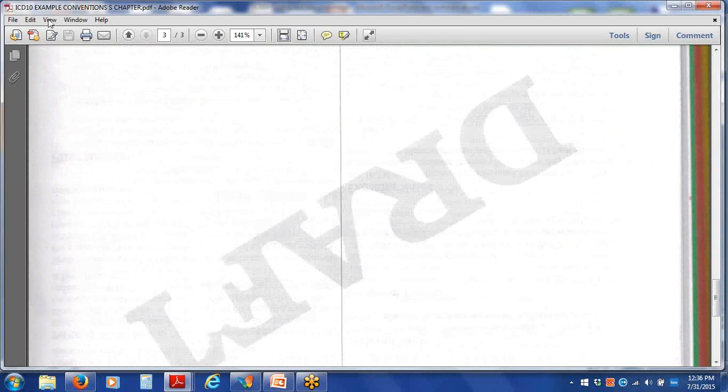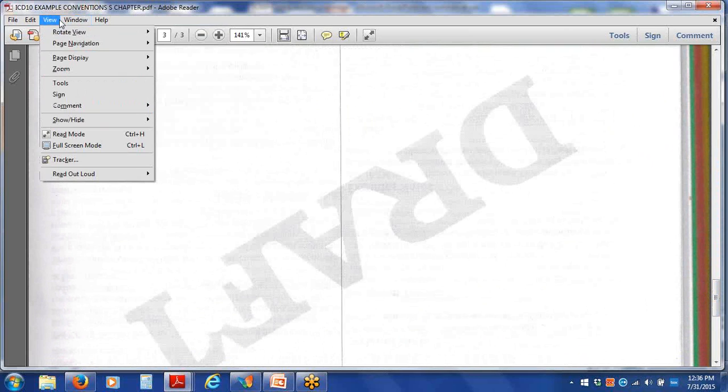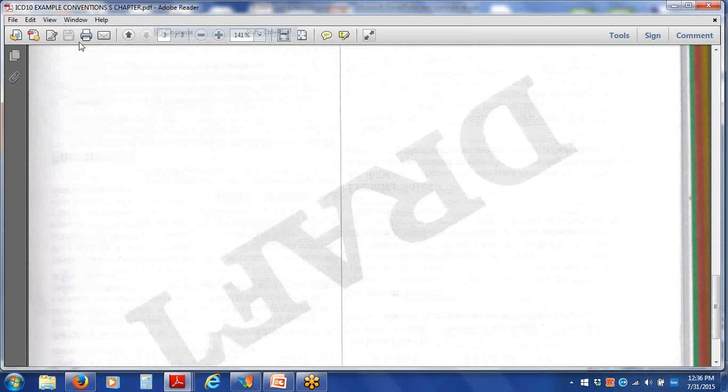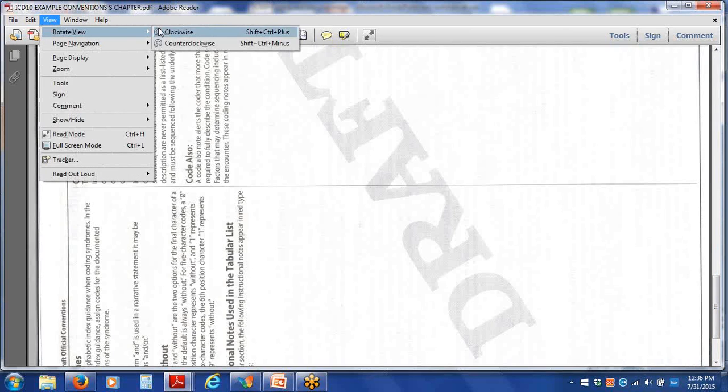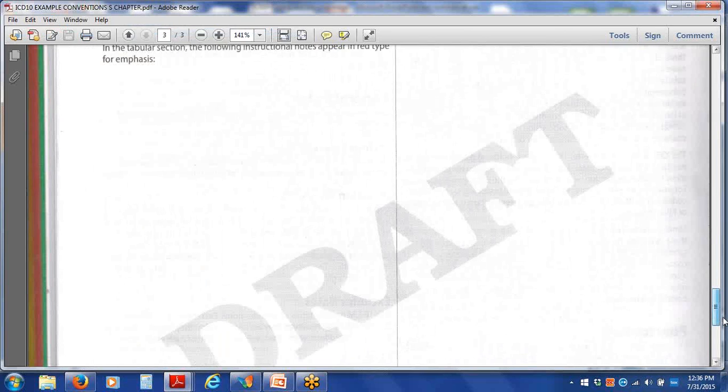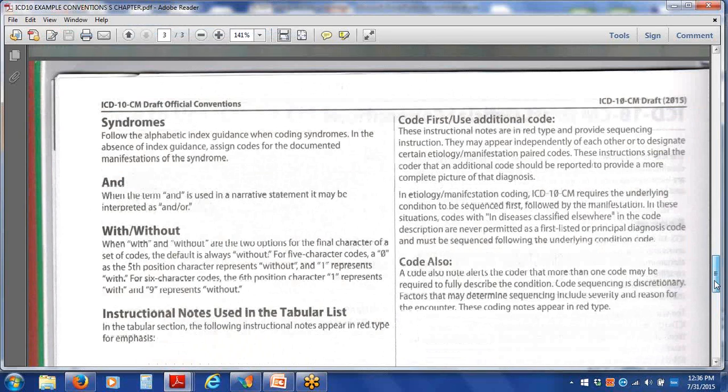Okay, I have to turn this one around because of my scanner. These are your code also rules. So for instance, if the code itself, when you look it up, says code first, and it gives you a list of codes, then that means you would have to code that code first and then the code that you're choosing second.